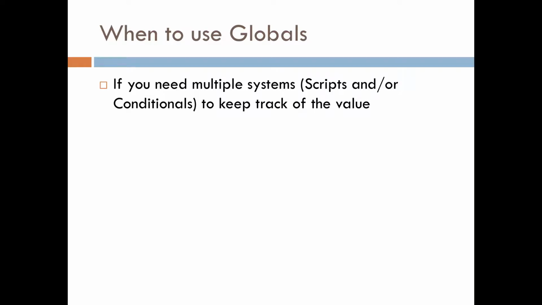If you have too many globals in use, try to minimize the use of globals. And also, it's probably a good idea if you have only one script but lots of conditionals. Yes, you want to use a global, but if you have multiple scripts and no conditionals that you're using, think about using the property getSet method instead of using a global.